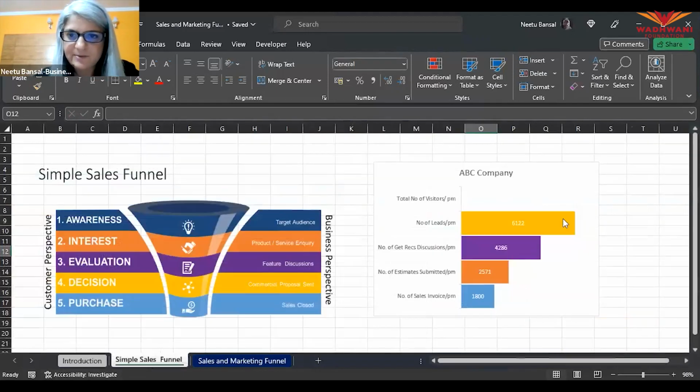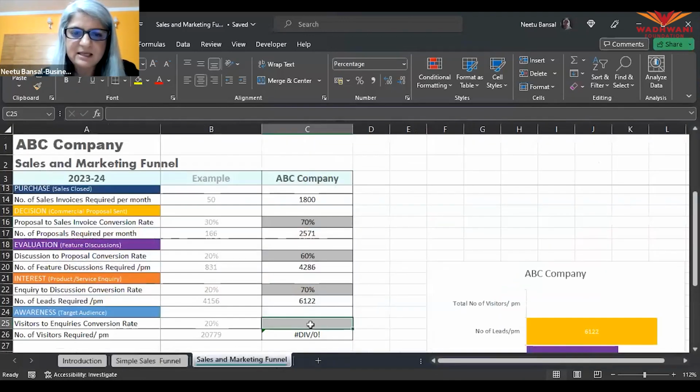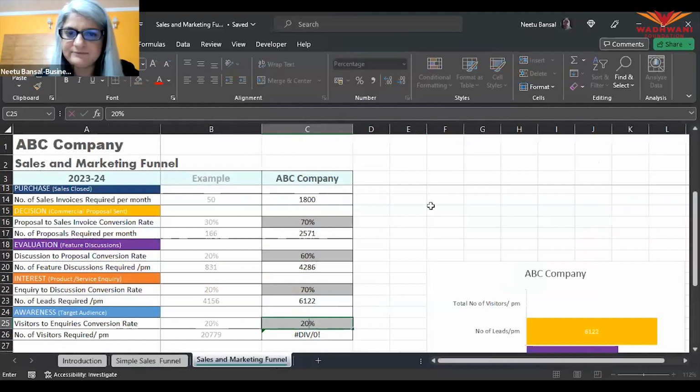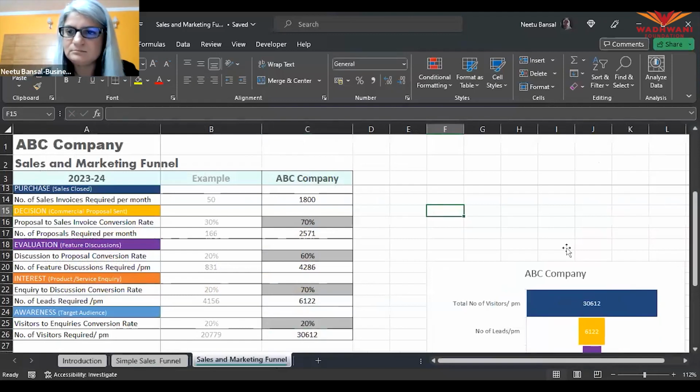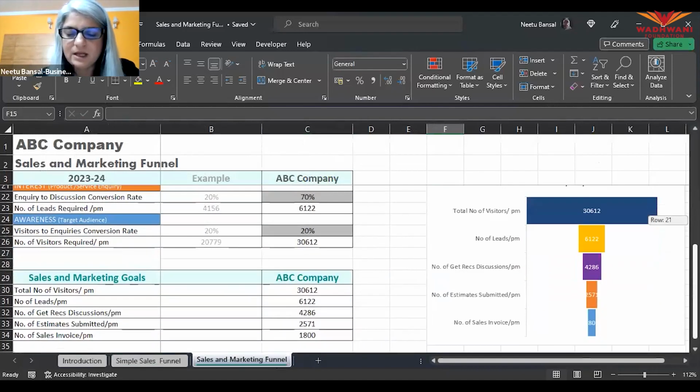And then lastly, out of a target audience of 10 people, how many of them actually come up and inquire about my product? Now this ratio is generally very small. So let's say it's about 20% here. Okay. So now if you see, your funnel is ready.